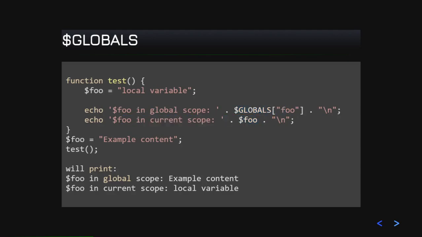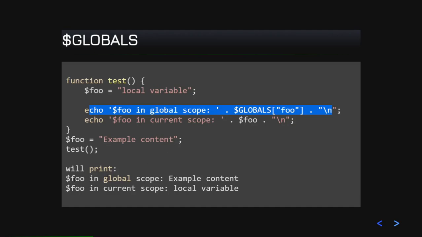Then I have another variable which is a global one named foo. So I have a global foo variable and a local foo variable. They both have the same name, but they have different values. This is example content, this is local variable. And then I call this function test. Okay, so this echo, which accesses the global foo variable, will print the value of the global foo variable, which is example content.